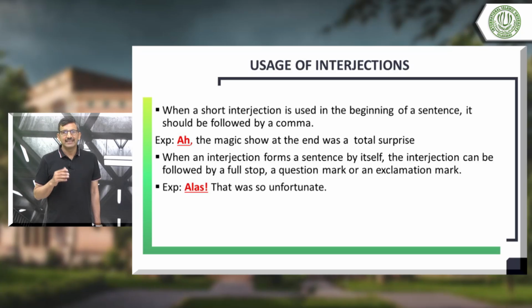How can we use interjections in sentences? When a short interjection is used at the beginning of a sentence, it should be followed by a comma, like, "Wow, the magic show at the end was a total surprise."